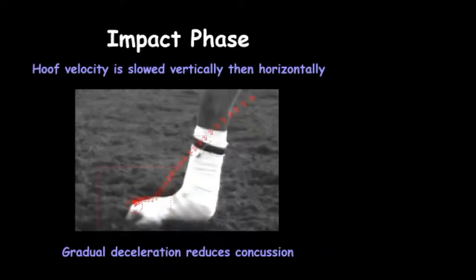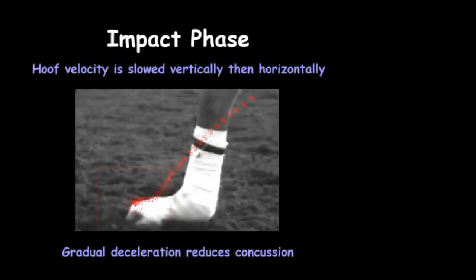Now this is a still photo, I'm going to show you the video in a moment, of a thoroughbred with the limb approaching the ground and then contacting the ground. And we have a marker on the horse's coronet.